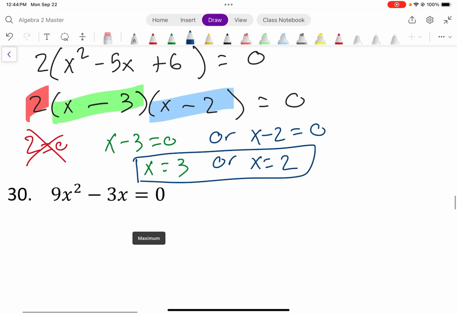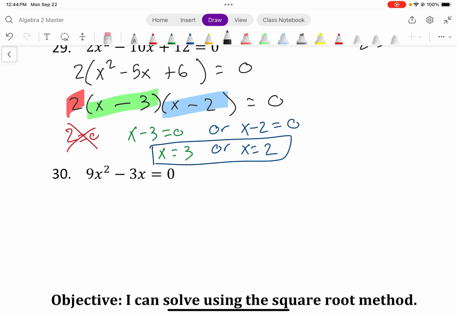And then for number 30, I'm also going to start with my GCF. This time my GCF is 3x. That leaves me with a 3x minus 1 equals 0. This is not any more difficult than question 29 because it's still GCF, set factors equal to 0.